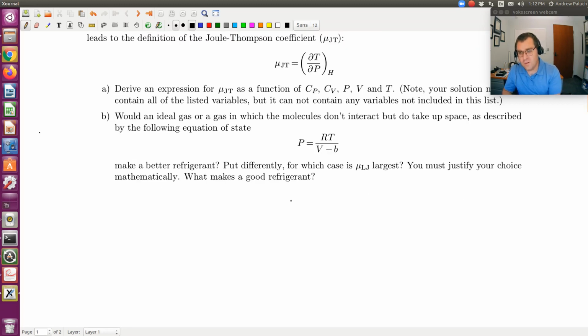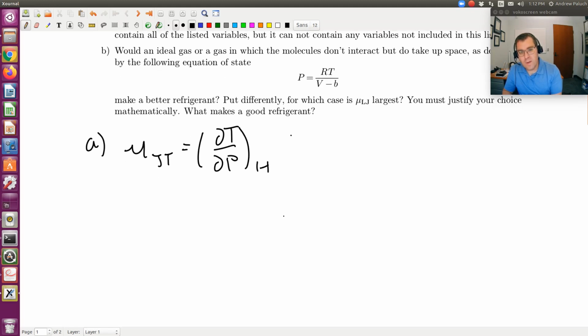Just in the interest of doing it, what I'm looking at is I want to calculate partial T, partial P at constant H. A first approach might be to go back to our fundamental equation for H and work out an expression for dT/dP at constant H and see what that gets us.